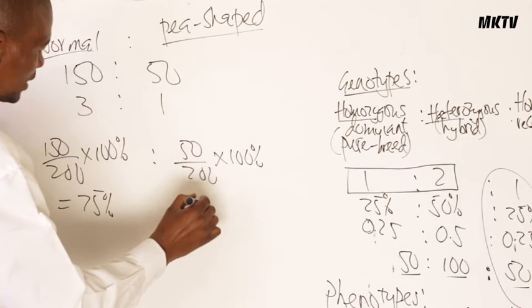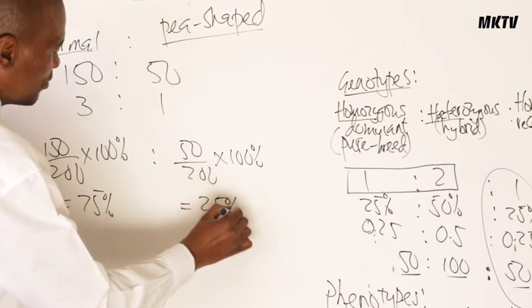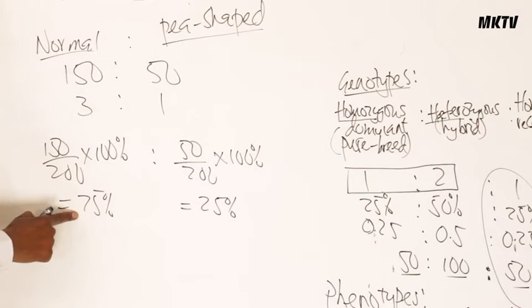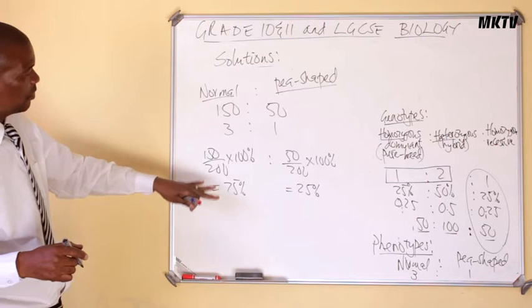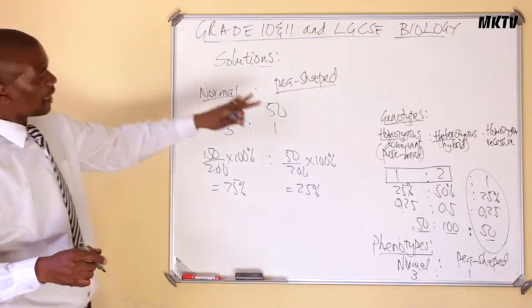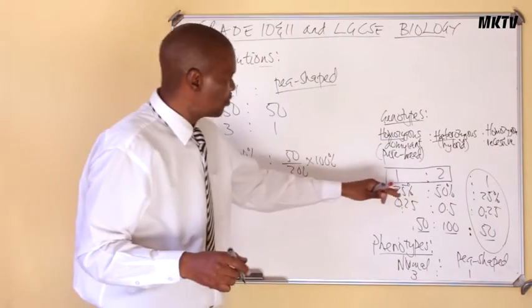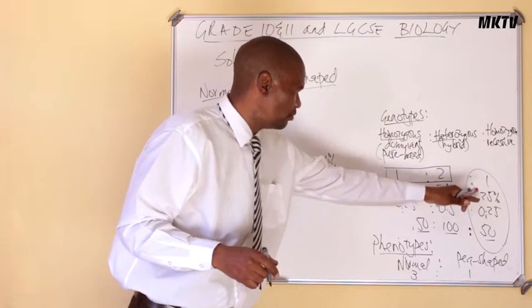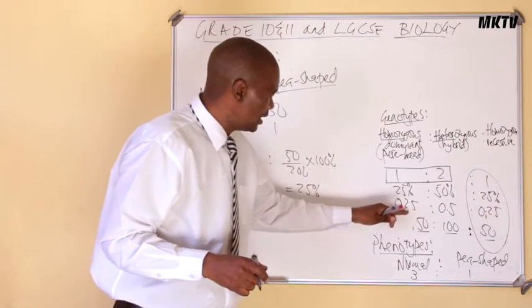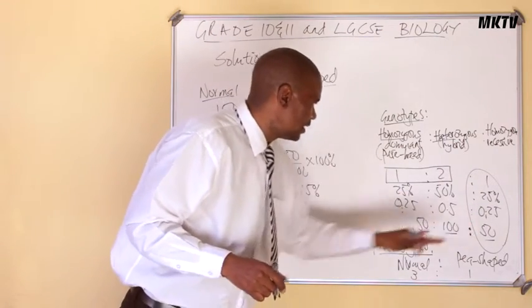We apply our maths, we shall get our 25%. You add 25 to this, you shall get your 100%. I think we are very clear. So that is the solution for that one. So the genotypic ratio is 1:2:1, or 25%, 50%, 25%, or in numbers 50, 100, 50.